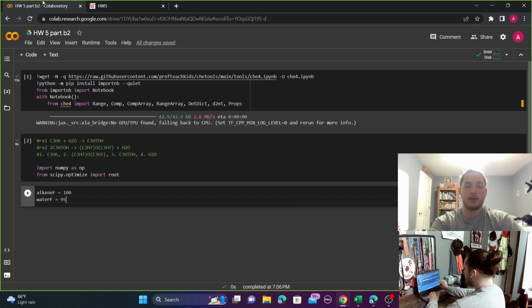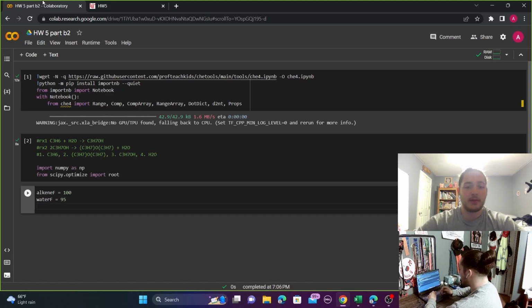Next, I am going to input arrays for the amount of our alkene and water, and we are going to input in an array such that the order of our array is going to have an index of 0, 1, 2, 3, and it's going to be in the order of our chemical components and by order of their volatility. So 1 will be our propylene, 2 is our ether, 3 is our alcohol, and 4 is water.